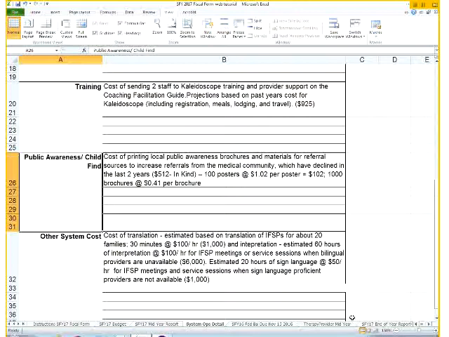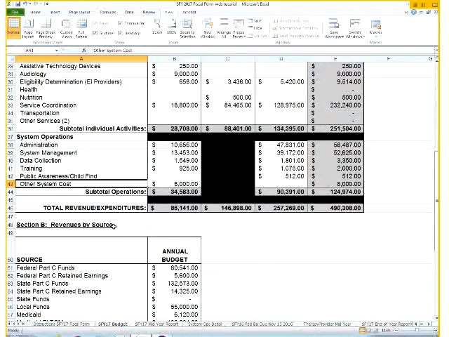And again, be sure to include anything that is given to you in kind by the local lead agency. Include it as a revenue and then include the cost in the categories where they belong so that your budget is a true picture of your locality.